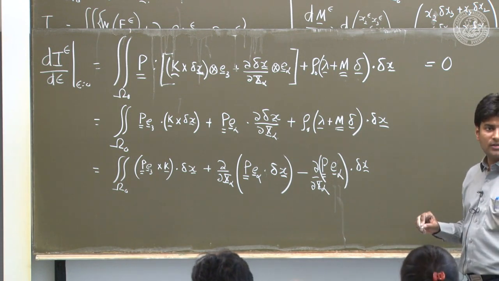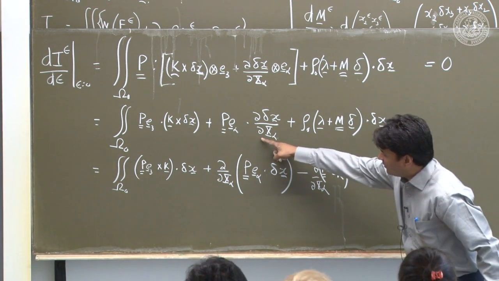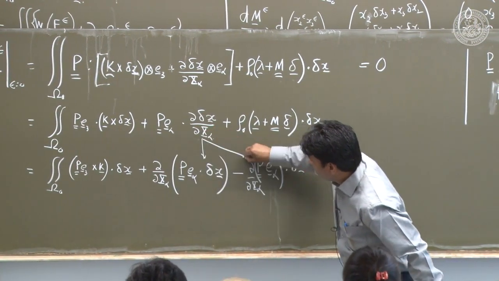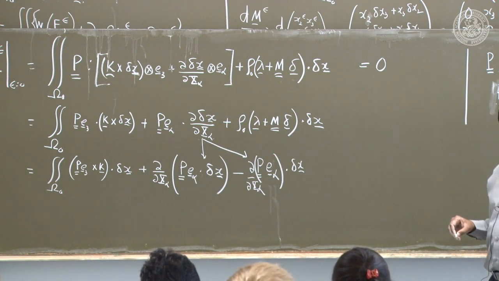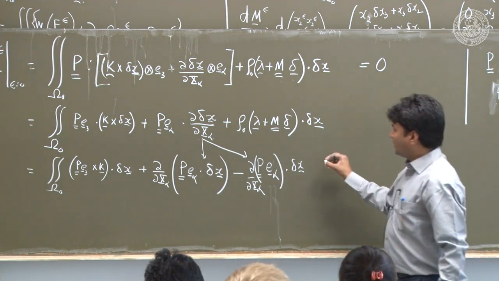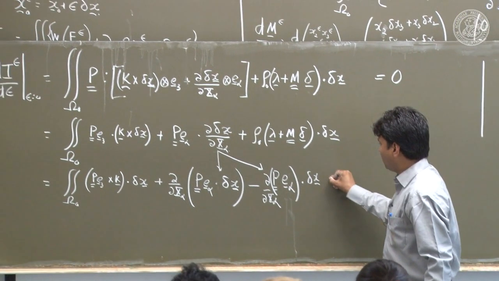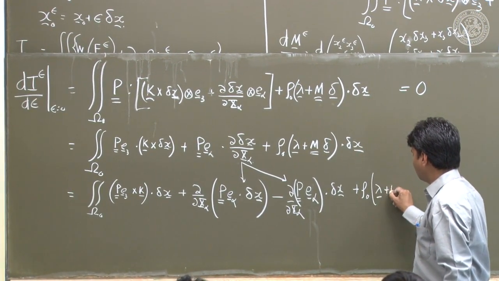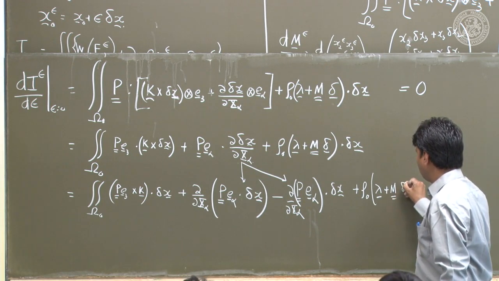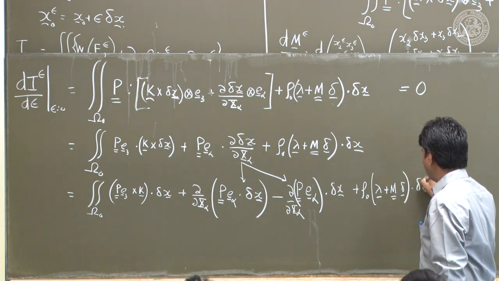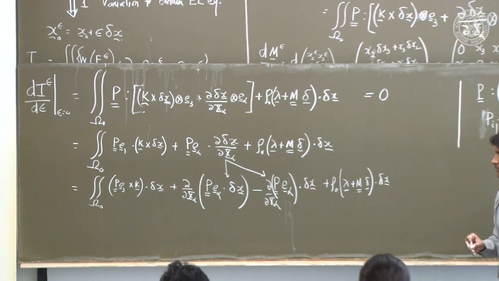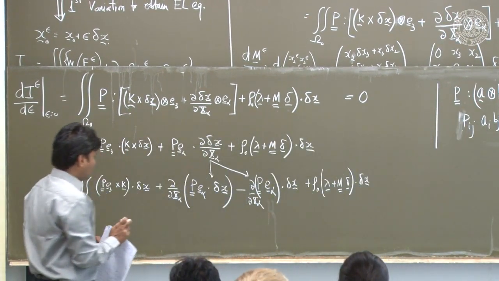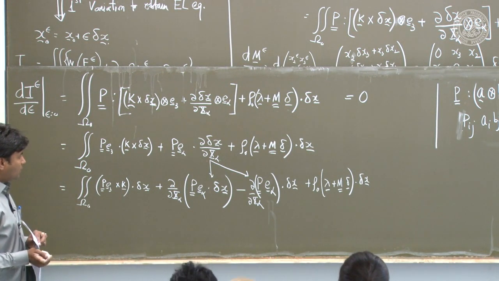Right. So this term breaks into two. So you have two terms coming from here, and plus rho naught lambda plus M delta dot del x. Okay, then what we can do?